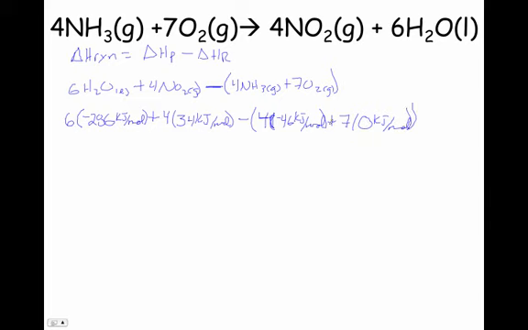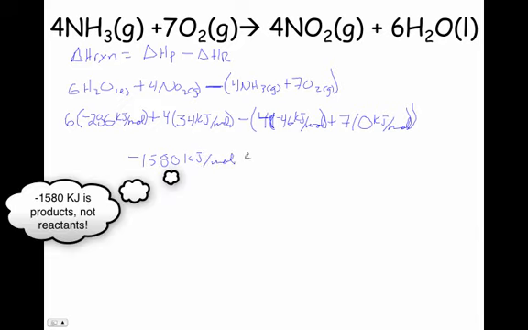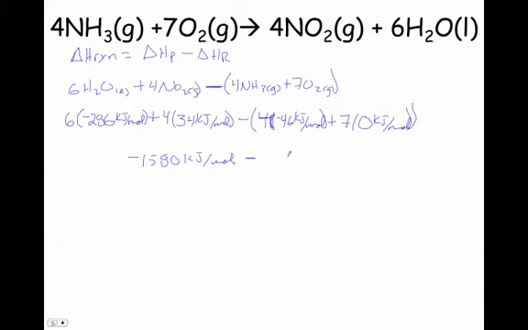Okay. So when we take the 6 times negative 286 plus 4 times 34, we get negative 1580. So our products are negative 1580 kilojoules per mole. That's minus our reactants, so 4 times negative 46 is negative 184.